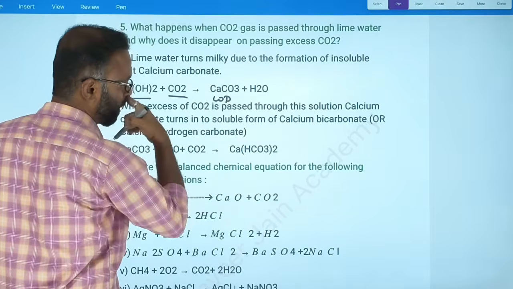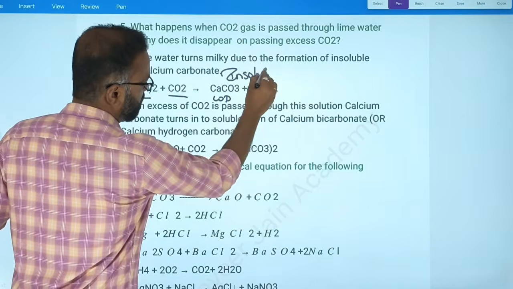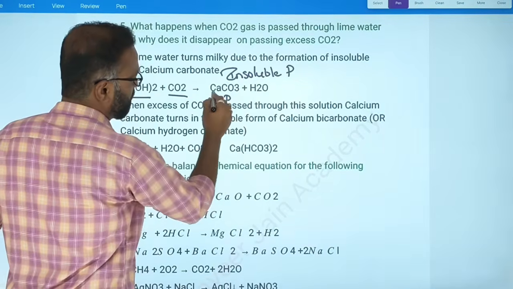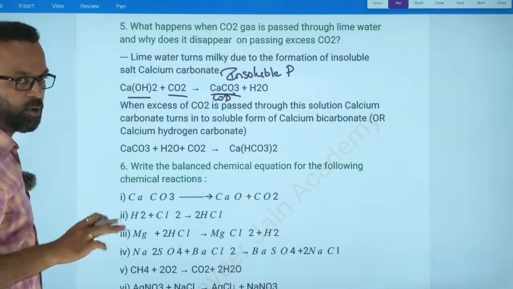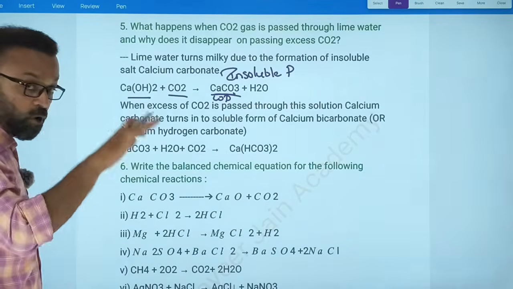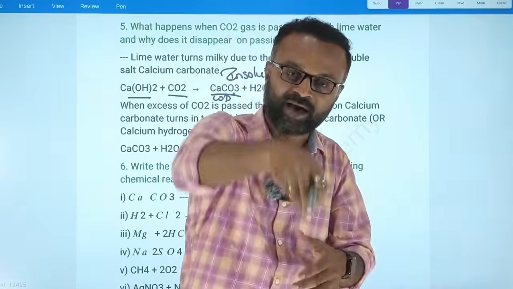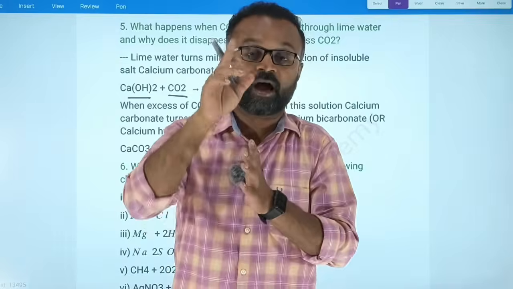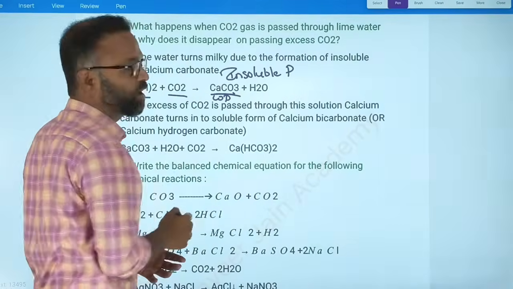of calcium carbonate, because of the formation of insoluble particles of calcium carbonate. It will not get dissolved, so it will settle at the bottom. After formation of the calcium carbonate, if you keep on passing carbon dioxide, that carbon dioxide will react with the calcium carbonate.